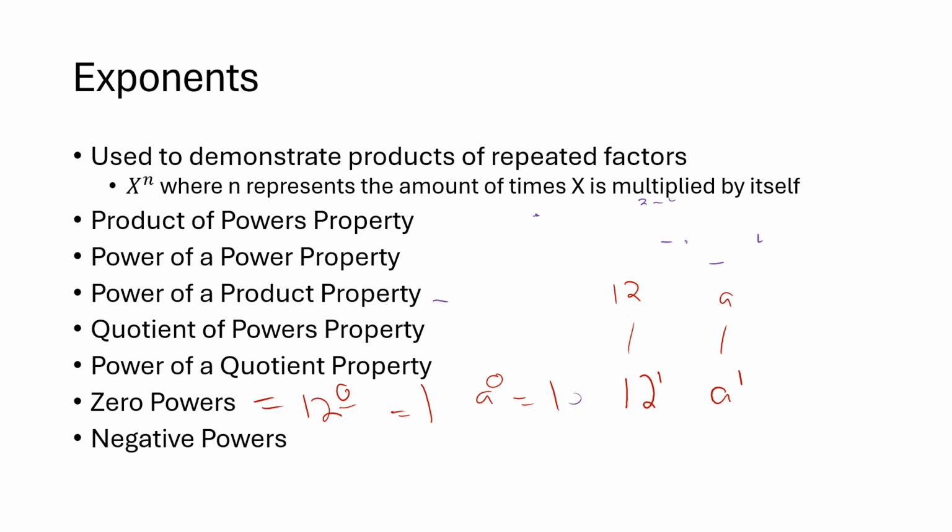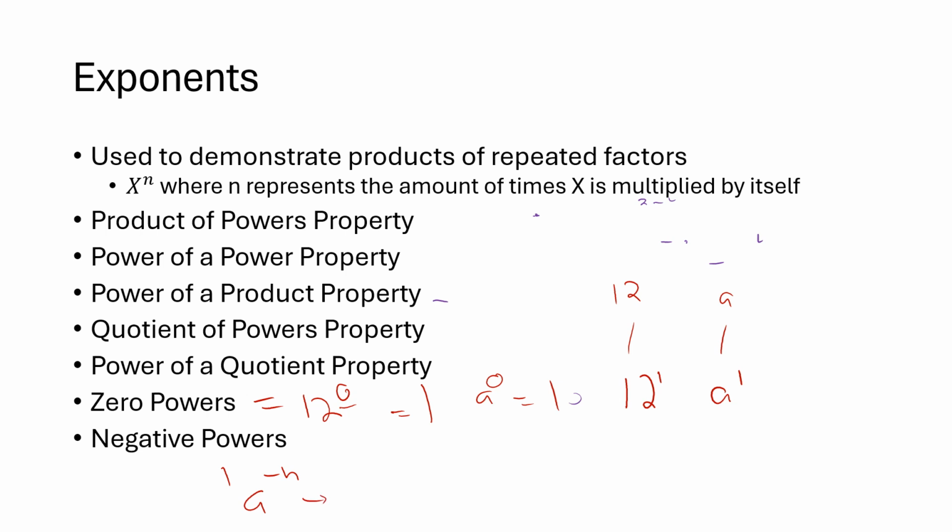But what about negatives? Well, negatives are a little different. So let's say we get a to the negative n. Well, what you want to do is find the reciprocal of a, because we can't have negative exponents.